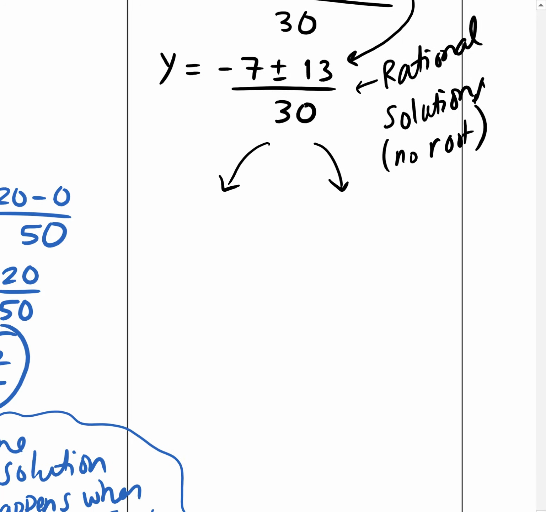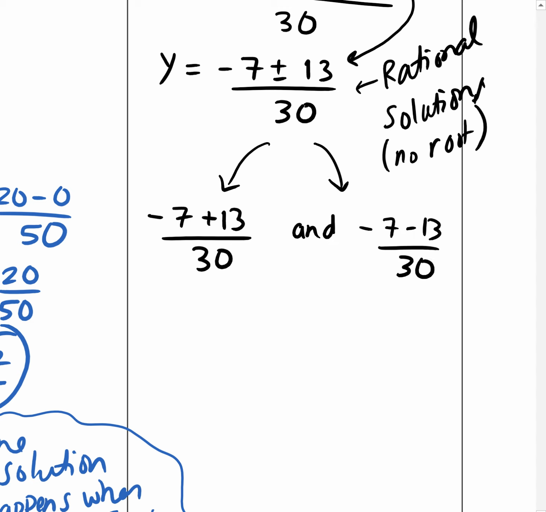And now we want to split this into its two solutions. One of them is going to be negative 7 plus 13 over 30. The other one's going to have the minus in the middle, negative 7 minus 13 over 30. So the left one, negative 7 and 13 is 6 over 30, and the other one's negative 20 over 30.